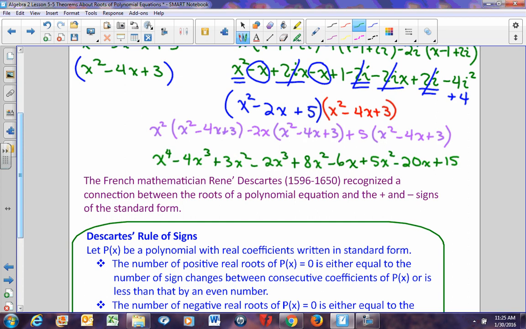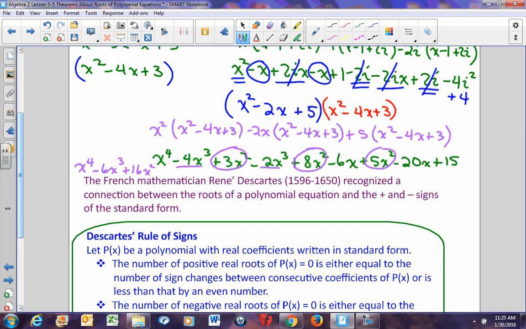All right, now we've got to combine my terms. I only have one x to the 4th, so x to the 4th. I have a negative 4x to the 3rd and a negative 2x to the 3rd. That makes negative 6x to the 3rd. I have a 3x squared, an 8x squared, and a 5x squared, and they're all positive, so that's 16x squared.